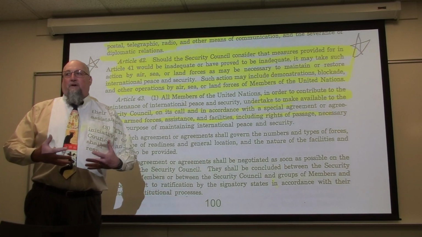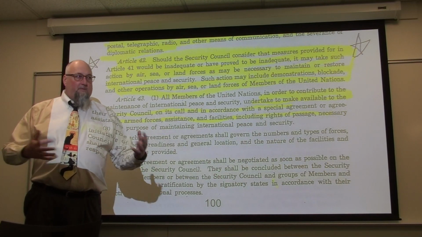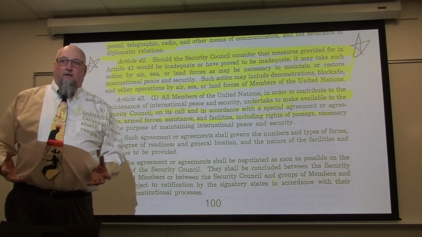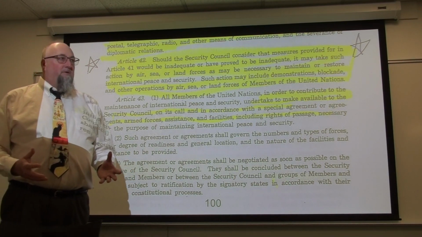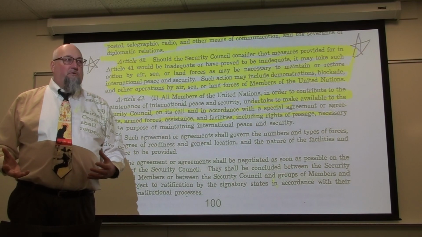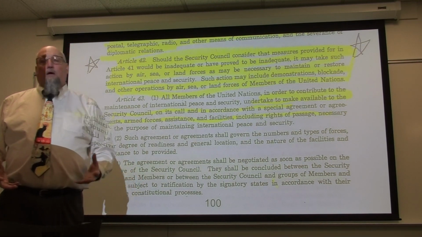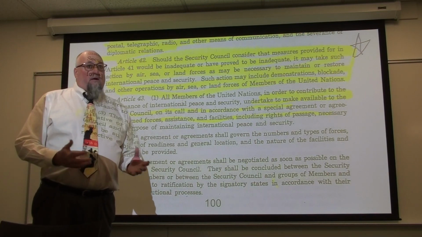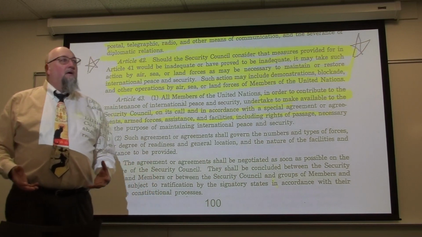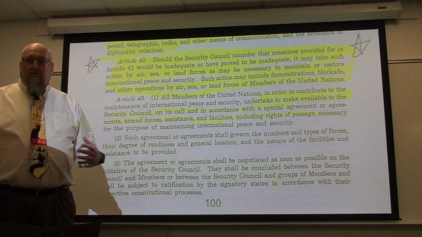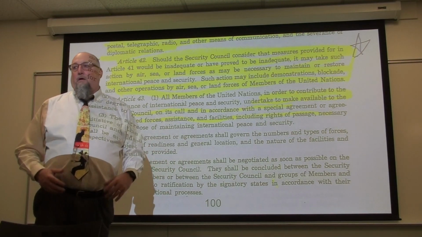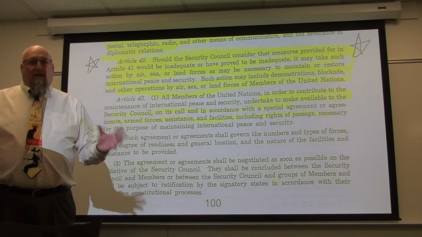Within that group of 5, you have, of course, the political issues, and so that in some ways, and this kind of depends on how you look at it, in some ways hampers the ability to engage in enforcement, because pretty much every time you have a situation which might lead to an enforcement activity, be it economic and non-military enforcement or military or quasi-military activity, you're going to have a power struggle based upon the politics within those 5 permanent members. And so there's a lot of discussion about that.